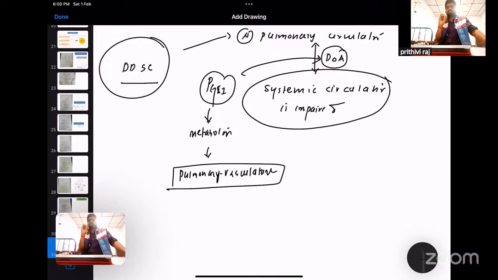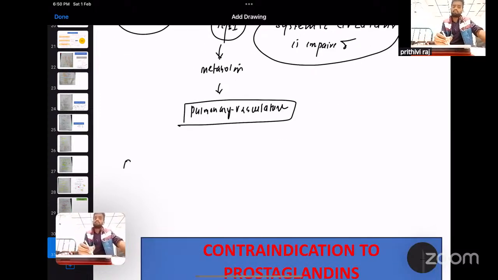So in a duct-dependent systemic circulation, as you know, there is a normal pulmonary circulation. So whatever prostaglandin E1 is given will be highly metabolized. So the dose required to keep the ductus arteriosus open in a duct-dependent systemic circulation is more, since your pulmonary circulation is normal, compared to a case of duct-dependent pulmonary circulation.